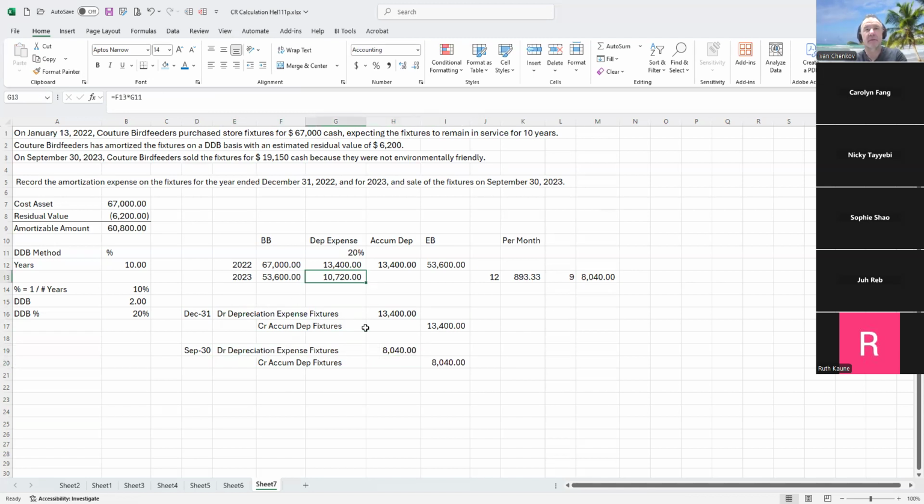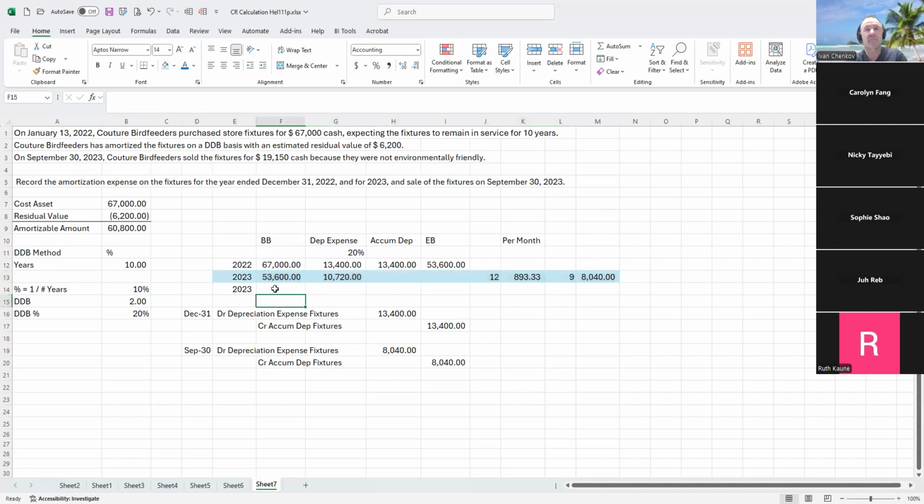So this is my depreciation only in 2023. Now this schedule is good, but we have to make some adjustments, right? We're going to leave this one, and we're going to use this one only for that calculation to get this amount.